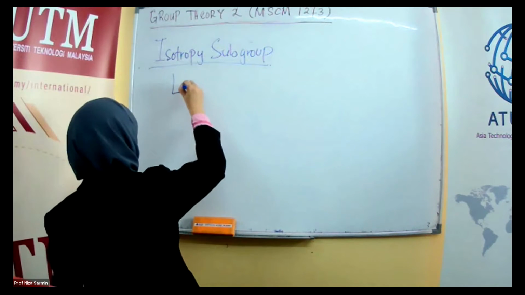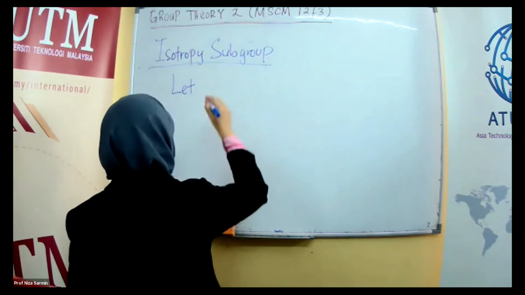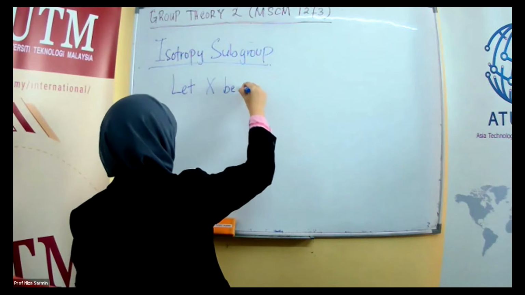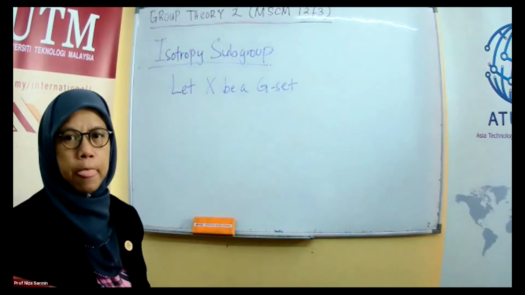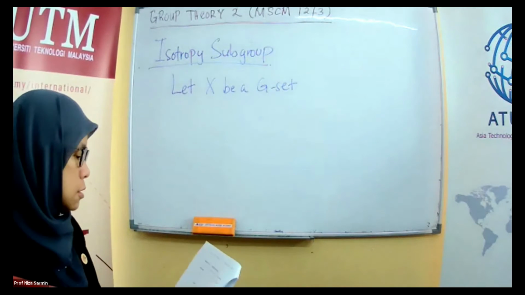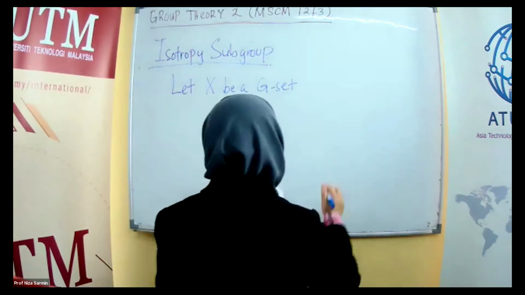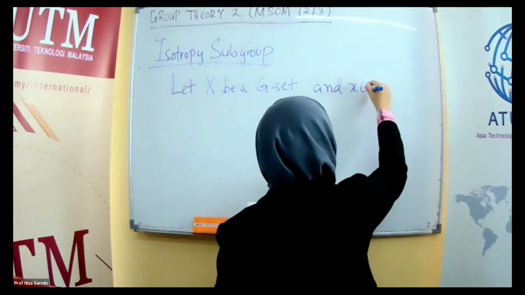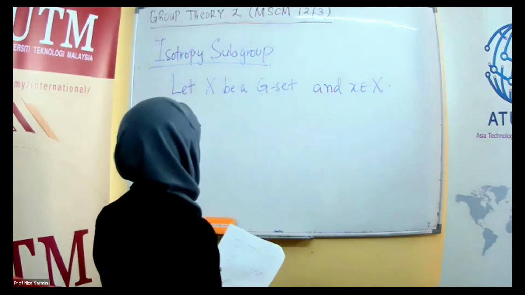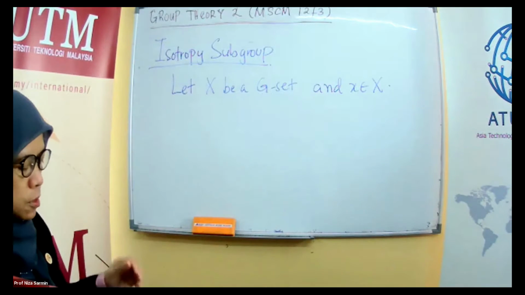Okay, let X be a G set. This means Gx on X, okay, and x in X. So we have that two properties.